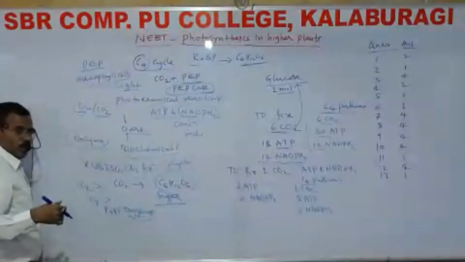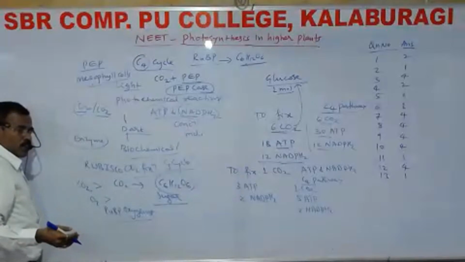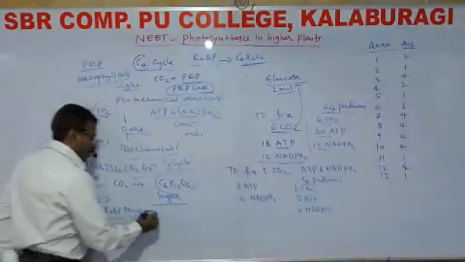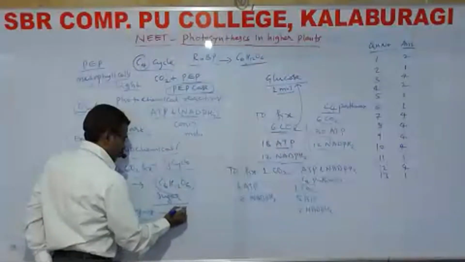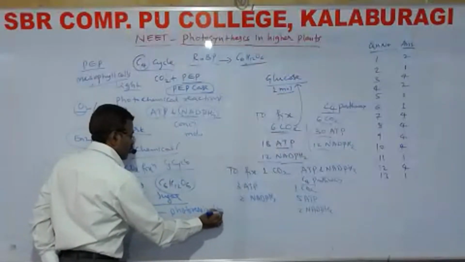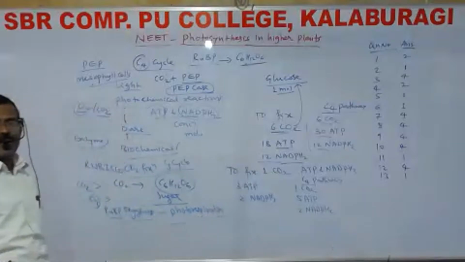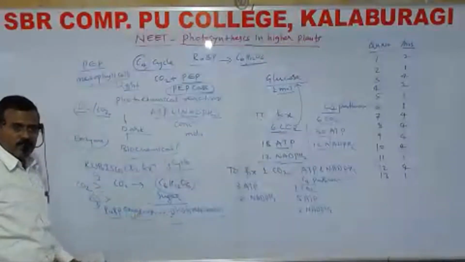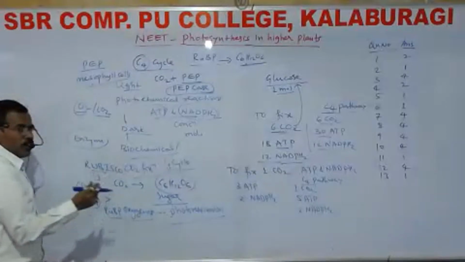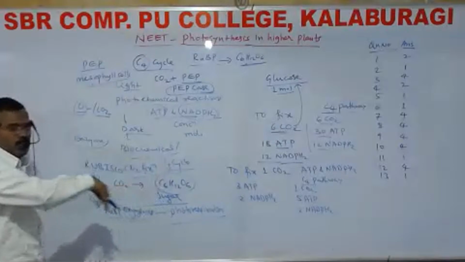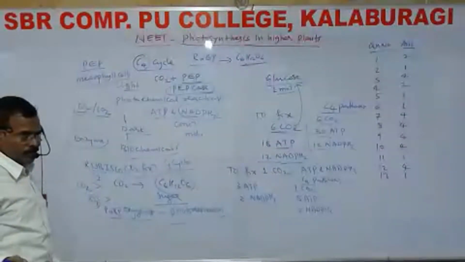When the ribulose bisphosphate carboxylase enzyme starts fixing oxygen, there is a process called photorespiration. Because of this photorespiration, photosynthetic yield will be reduced. So C3 plants can perform photorespiration because of the dual nature of Rubisco, whether it binds with carbon dioxide or with oxygen.